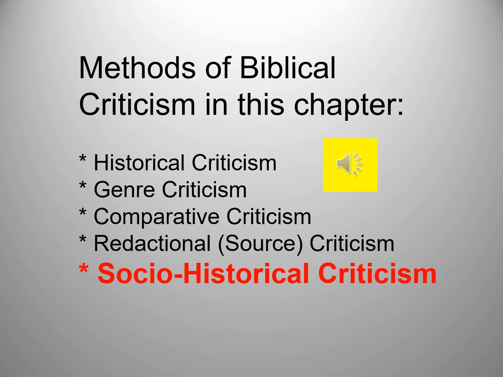What are a text's literary or oral sources? And finally, today, the new method of biblical criticism we'll be talking about is socio-historical criticism, which means looking for the community situation, the social situation around the text when it arose and when it was first received.